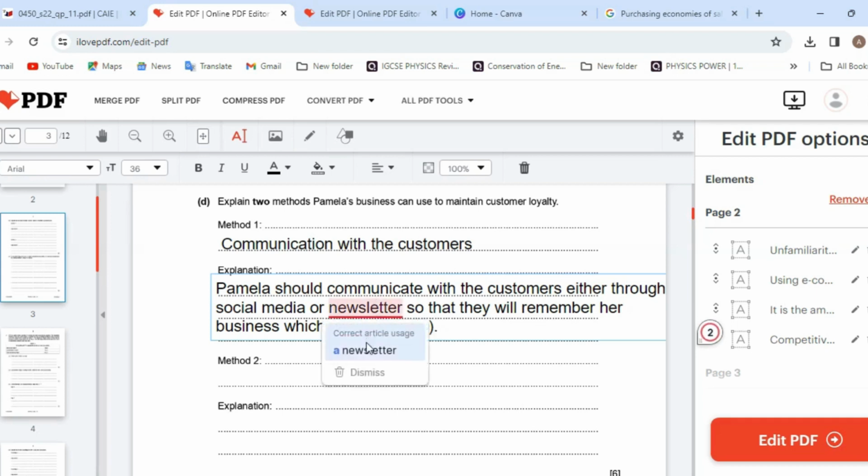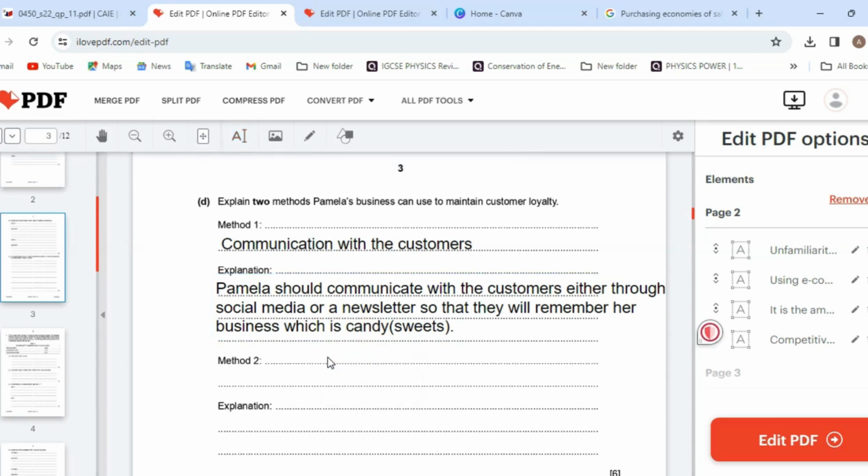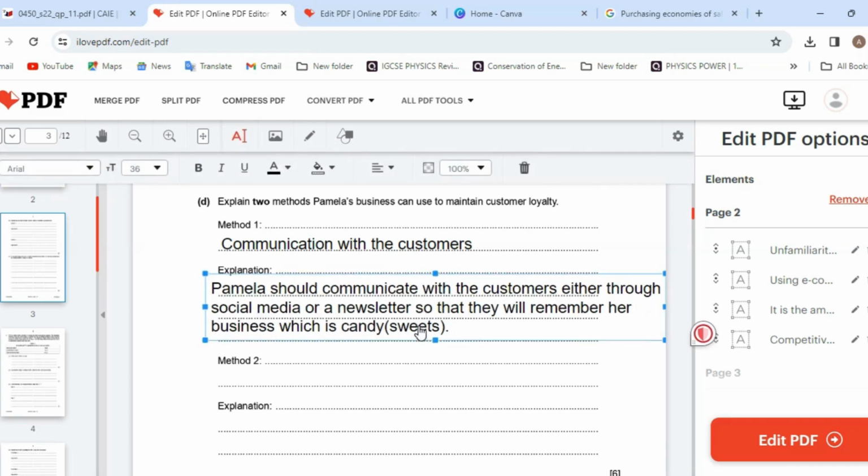Okay, that's the first method she could actually use. Another one is what?